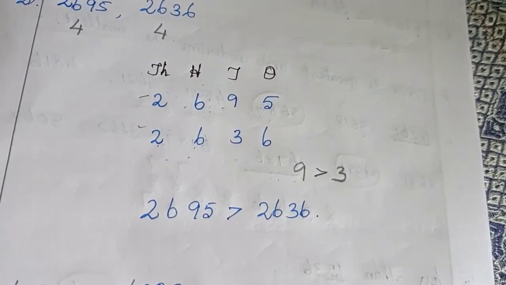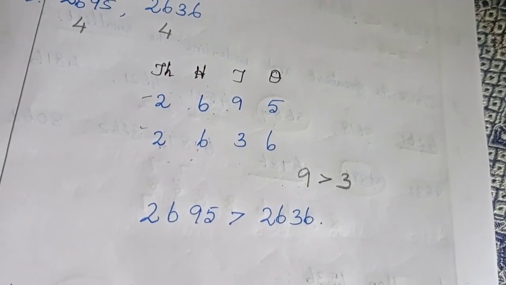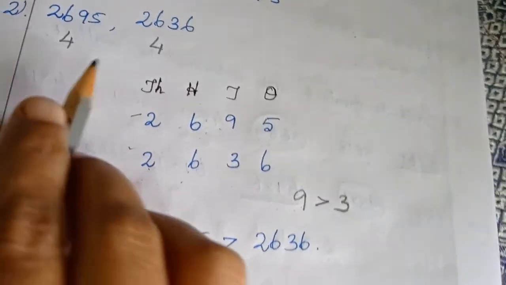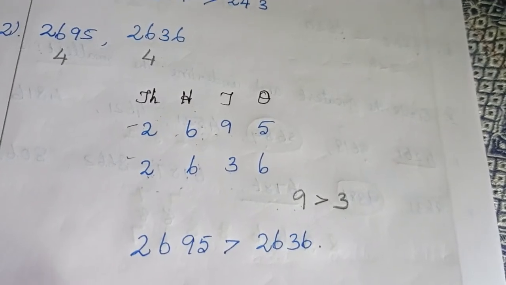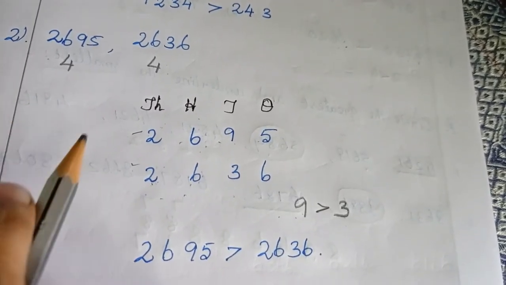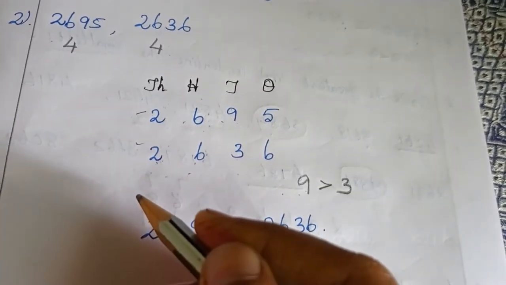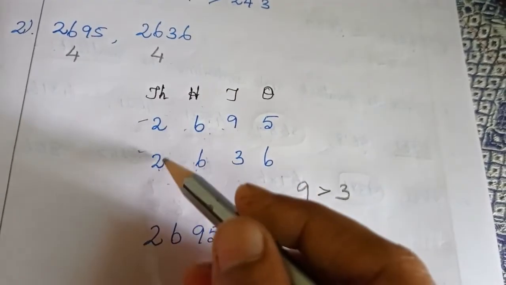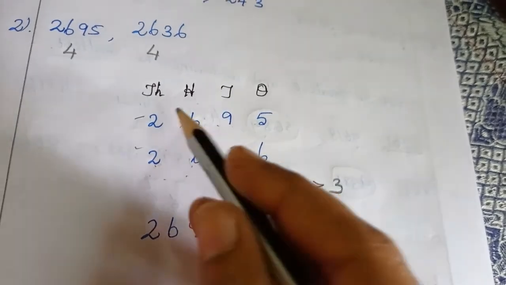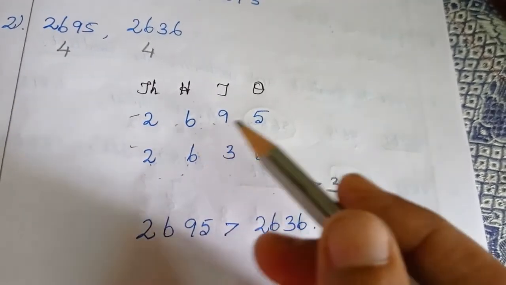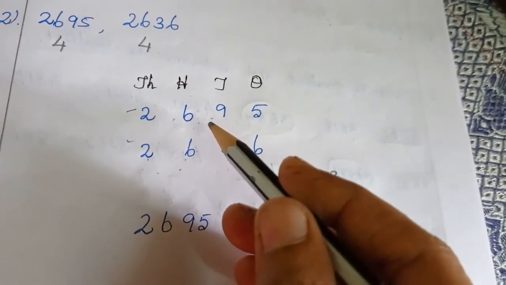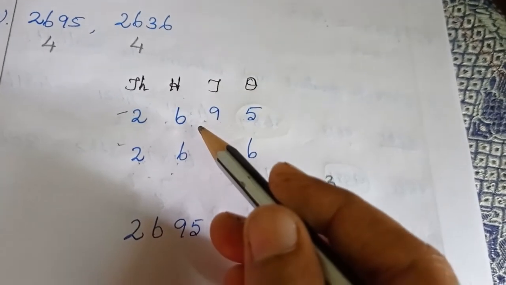To find which one is greater and which one is smaller, count the number of digits for both the numbers. If both numbers have the same number of digits, you can check their 1000 place values. Okay, so if the 1000 place values are same for both the numbers, then you can check the next highest place values. Okay ma?